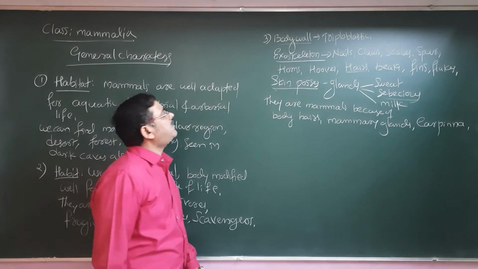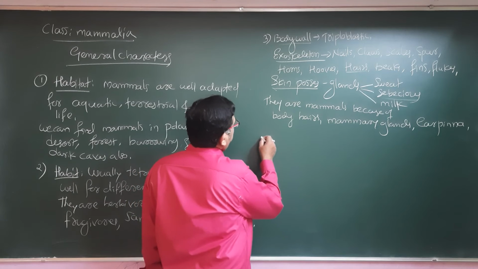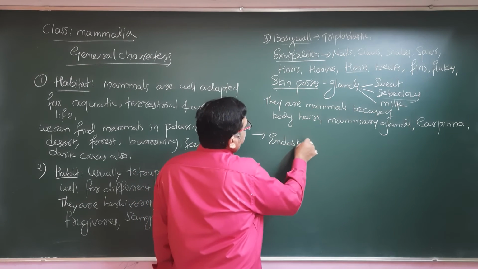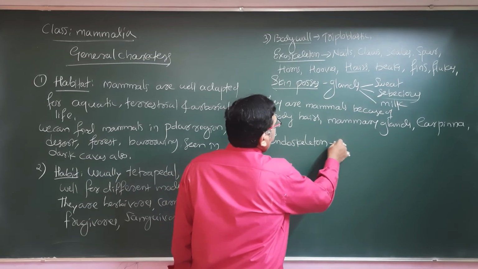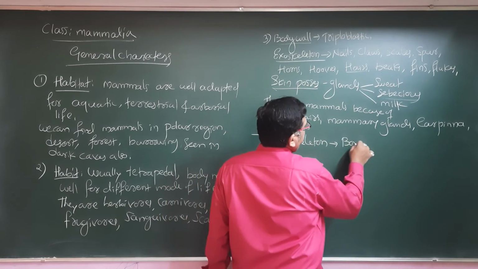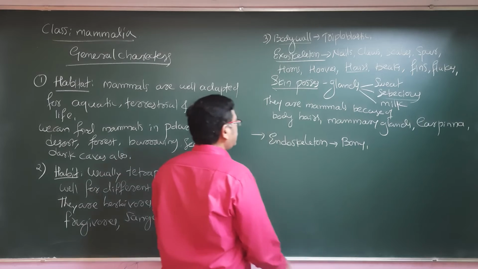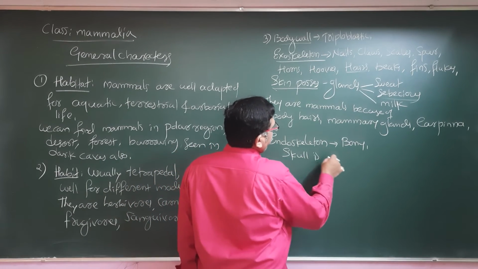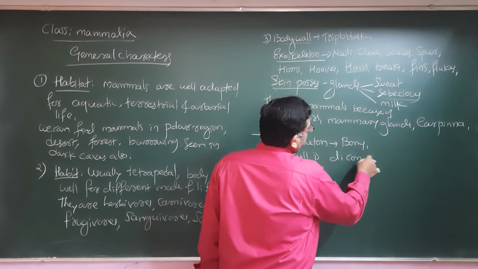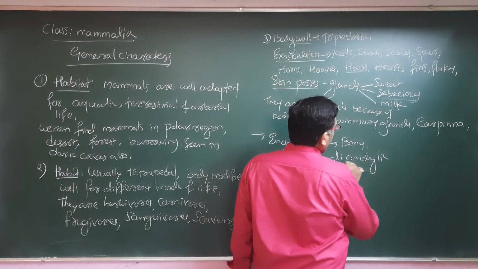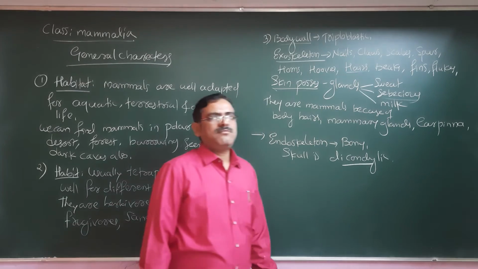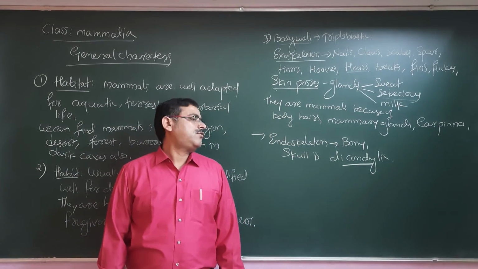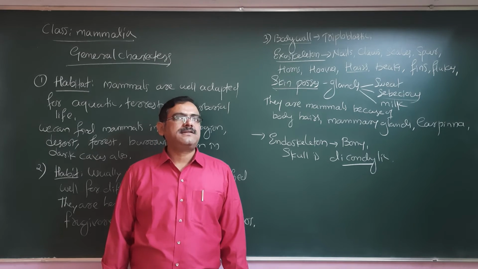When we talk about the endoskeleton, an additional point here: endoskeleton is a bony structure, and the skull is dicondylic. So the mammal can move their head only about 180 degrees, from 0 up to 180 like this.